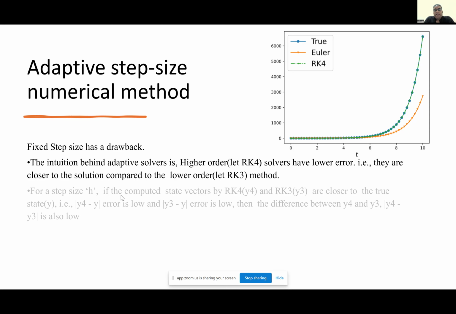In this way, we don't have to have the exact solution to figure out whether my method is working properly for that particular step. If the difference between y4 and y3 is low, we can say that this particular step size is enough to find the exact solution.